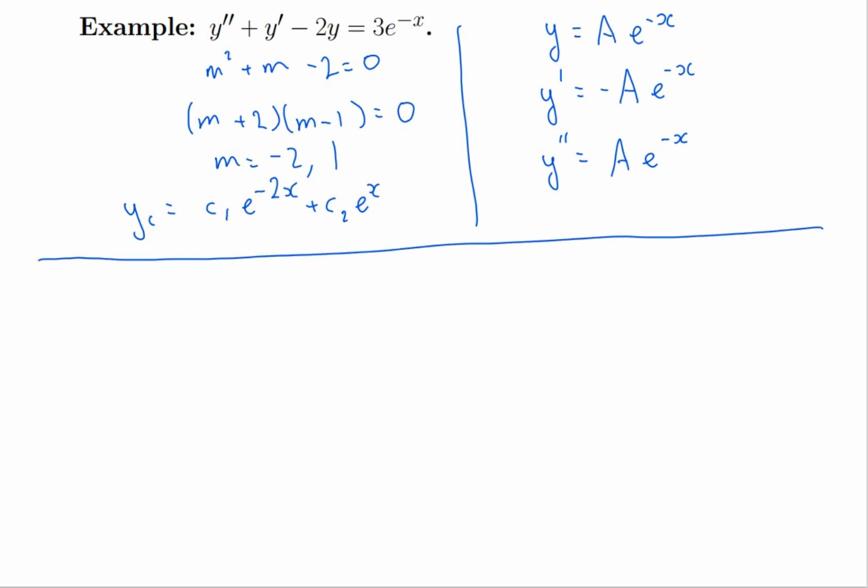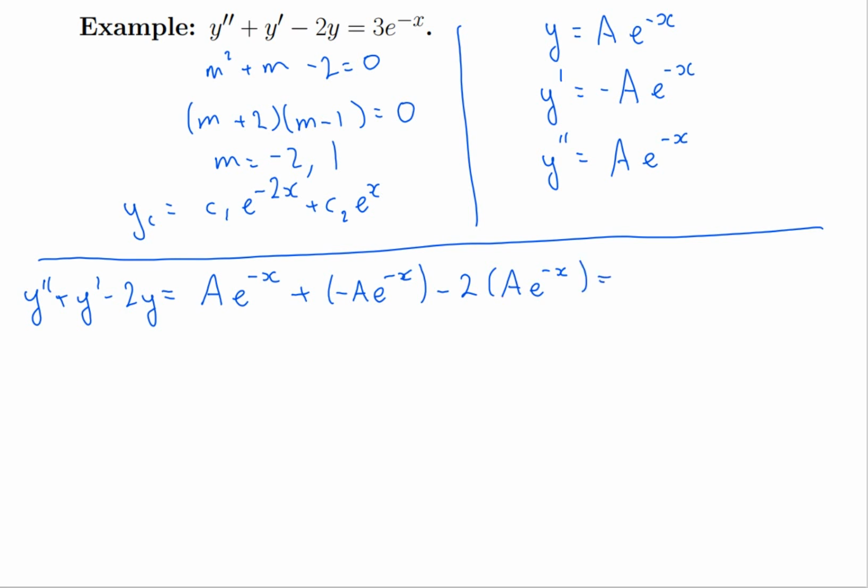Substitute into the differential equation, I get y double prime plus y prime minus 2y. What does that come out to be? y double prime is a e to the minus x plus y prime, which is negative a e to the minus x, minus 2y, which is negative 2a e to the minus x, equals original right hand side up there, 3 e to the minus x.